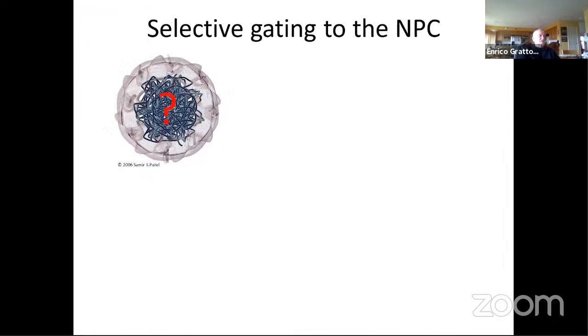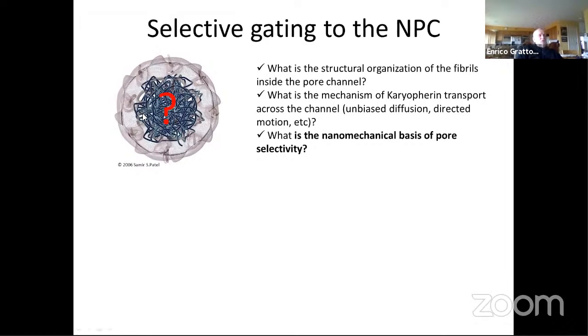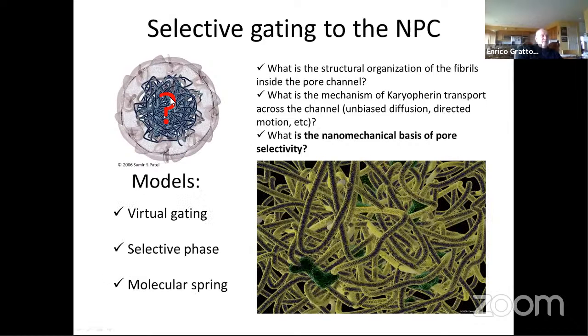The question is how selective gating, which is one of the models for opening up the nuclear pore complex, occurs. We know that the system here is highly disorganized, those proteins don't form any structure, and how does it happen that it opens up? If you had to draw it in 3D, it looks really like spaghetti without sauce.